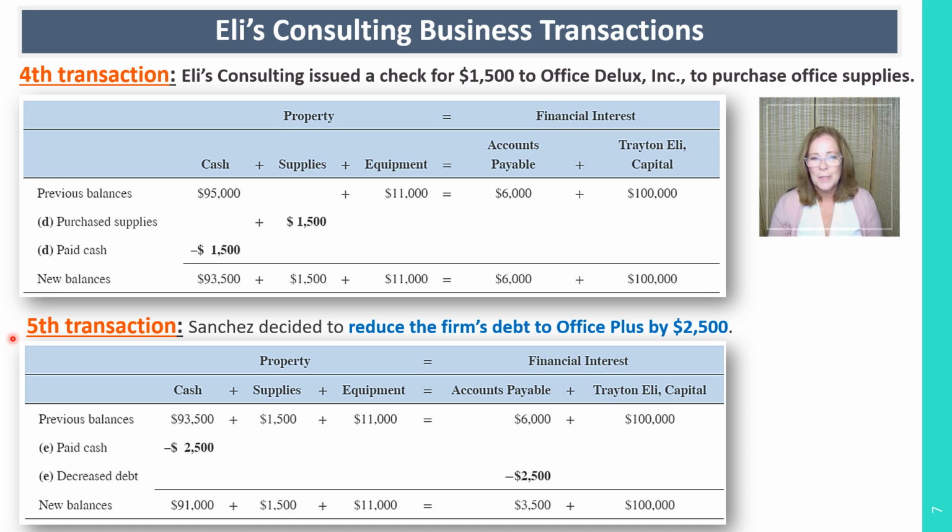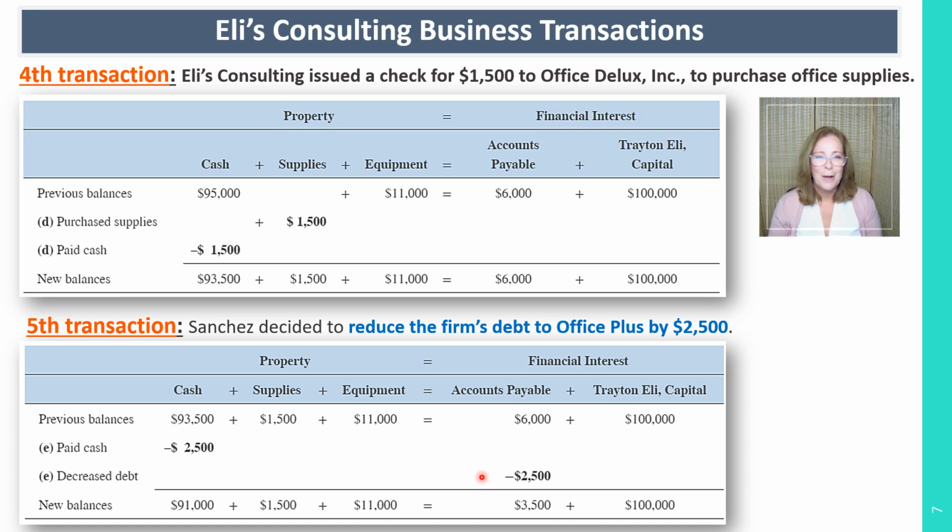First, we need to reduce the accounts payable account because Eli's Consulting now owes less money to Office Plus. For the second part of this transaction, we need to reduce the cash account because Eli's Consulting now has less cash. So we deduct $2,500 from cash and we deduct $2,500 from accounts payable. What do we do next?